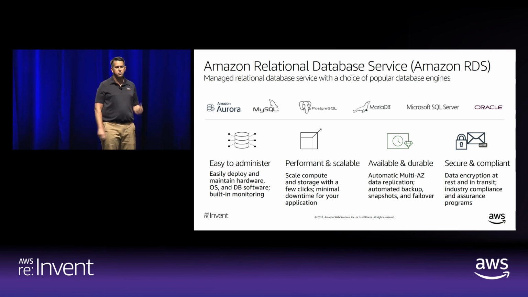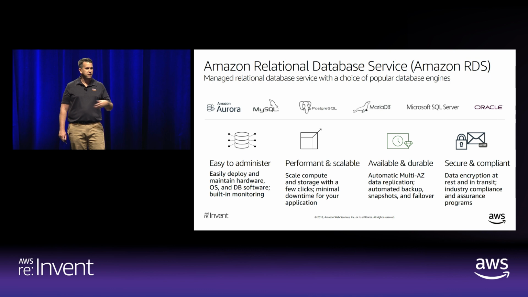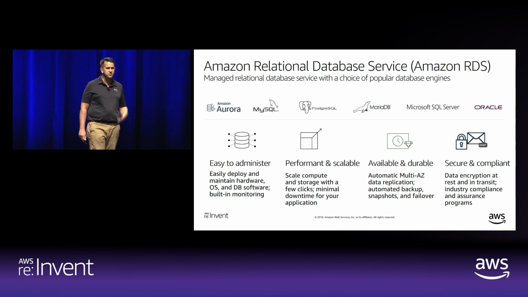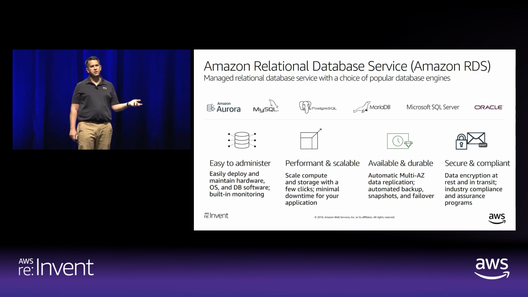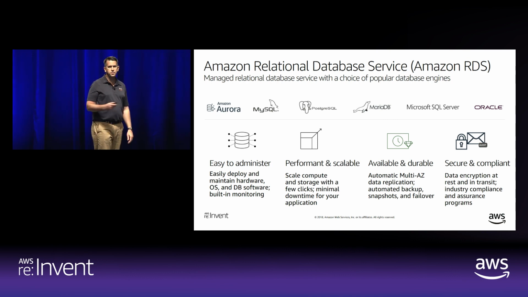The keys are easy to administer, so a single pane of glass, a single console for all your databases, easy to deploy, and scalability to be able to scale up both on the storage side as well as the compute side, so it's super easy to scale up when you need more capacity. Highly available.